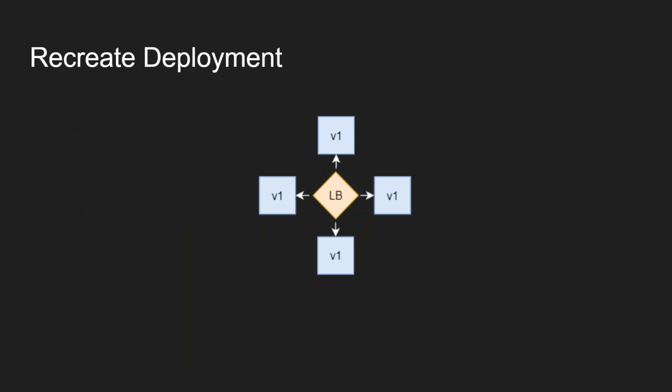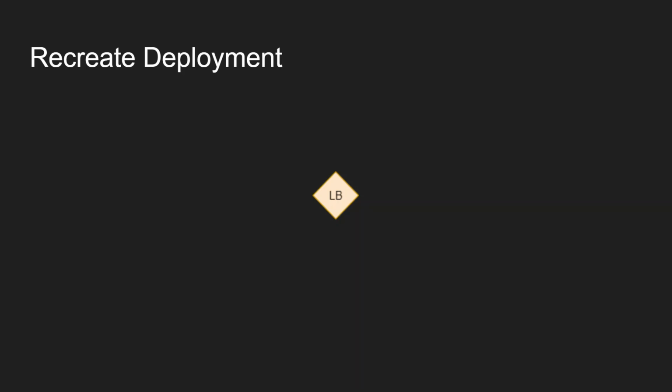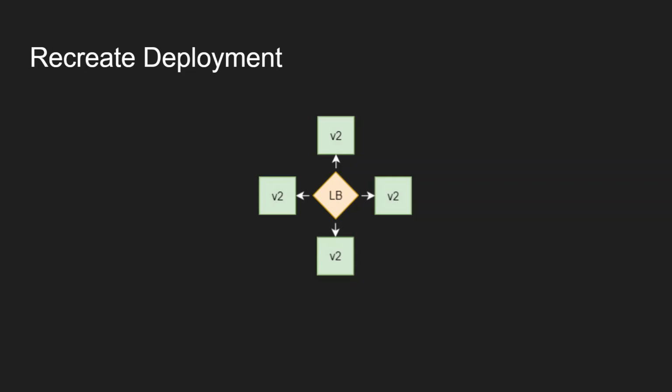Then there is a second type of deployment strategy, which is called recreate. I think it's not good for front-facing projects, because what it does is we are running the first version of the application, then at some point we are running nothing, and then at some point we are spinning up the second version.